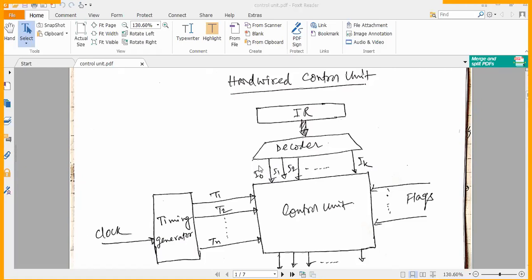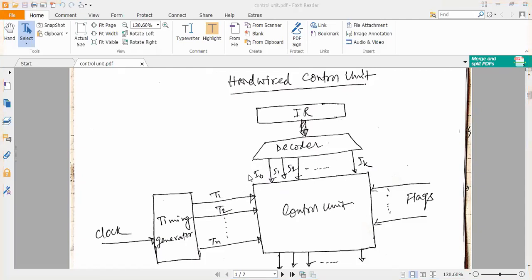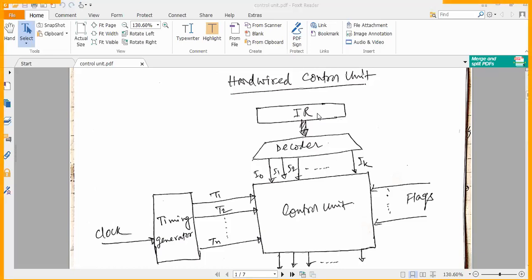Suppose you have selected the I0 instruction. For that, you have timing signals. When we discussed fetching and decoding the instruction, we saw that every operation must have a timing signal, a sequence of timings. That is most important.